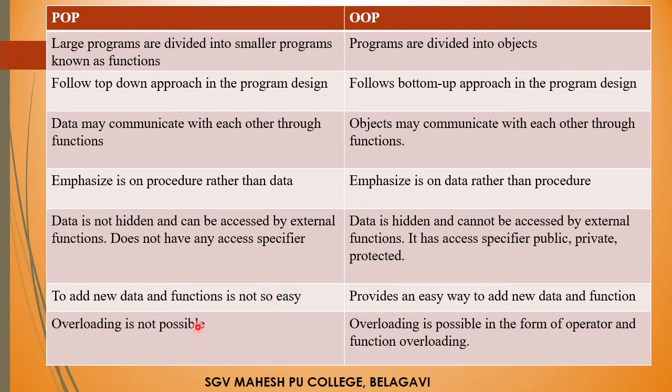The last difference is that overloading is not possible in procedure oriented, but overloading is possible in the form of operator and function overloading in object oriented programming. An example of these two would be C language for procedure oriented, whereas object oriented would be C++ language.